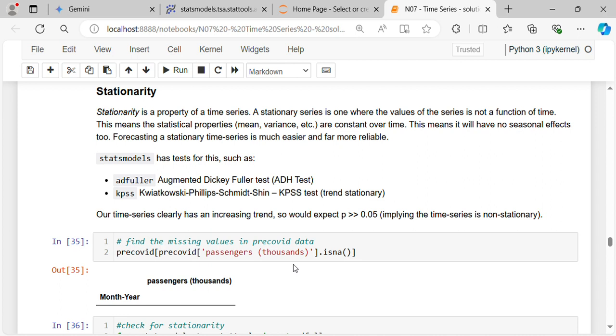This means the statistical properties, mean, variance, etc., are constant over time. This means it will have no seasonal effects too. Forecasting a stationary time series is much easier and far more reliable.